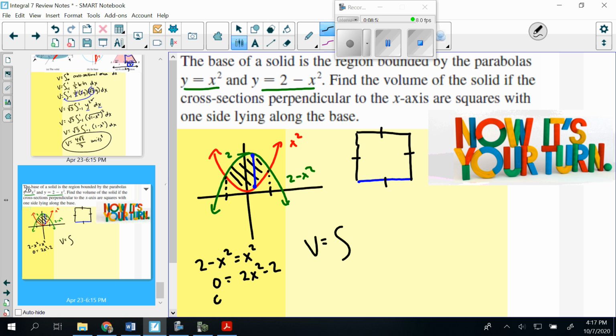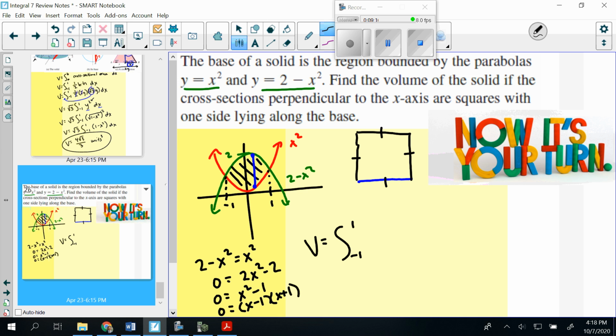If you factor out that 2 and factor this, it looks like x minus 1, x plus 1, which would mean -1 and 1 are where these intersection points are. So you should have had that.